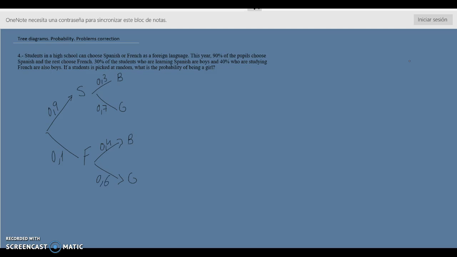What is the probability of being a girl? Being a girl, we have this and we have this, so we have to multiply the probabilities.